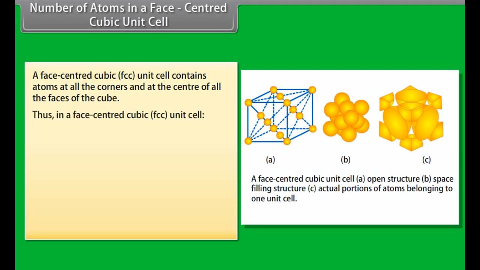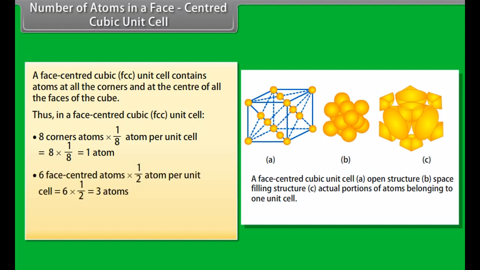Thus, in an FCC unit cell, 8 corner atoms into 1 upon 8 atom per unit cell equals 1 atom. 6 face-centered atoms into 1 upon 2 atom per unit cell is equal to 6 into 1 upon 2, which equals 3 atoms. Therefore, total number of atoms per unit cell is equal to 4 atoms.